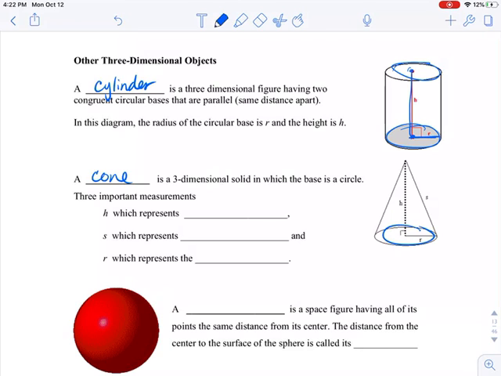It's a circle base that goes to one vertex. H represents the height, S represents the slant height. There's a difference between the slant height and the vertical height. You have to be very careful which one you use. And R is the radius.